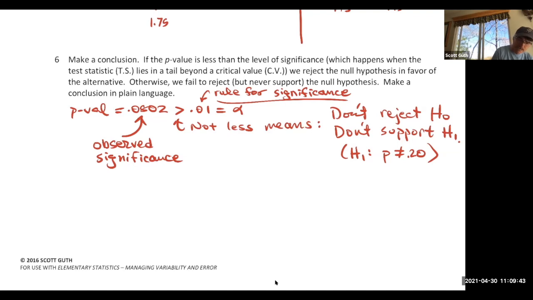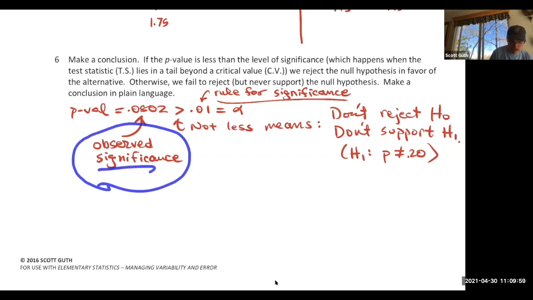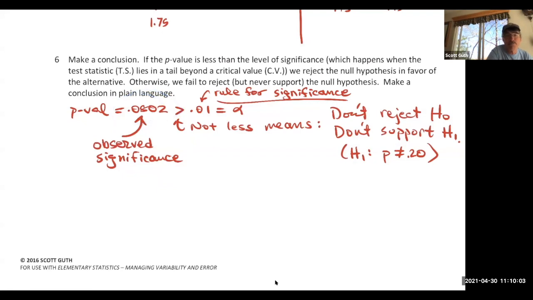What we're trying to do is dial the probability that it happens by chance down to a really low number, so that if it happens, you're going to say, oh, it's so unlikely to happen by chance, it probably isn't chance. But the observed significance is basically, if the null hypothesis is true, then there was only an 8% chance of this happening, but that's not statistically significant because I'm setting 1% as my rule for significance. You can change that, but not after you start the game.